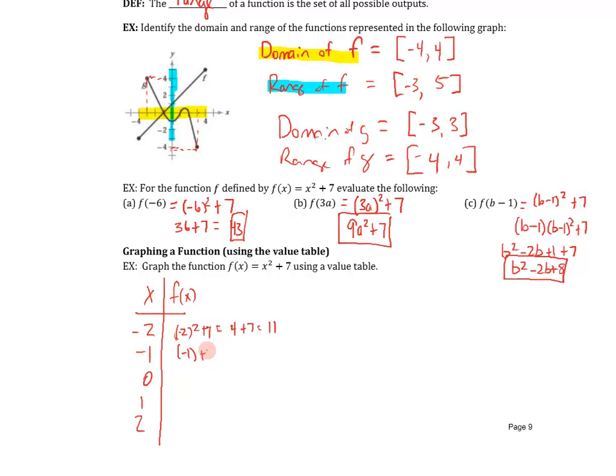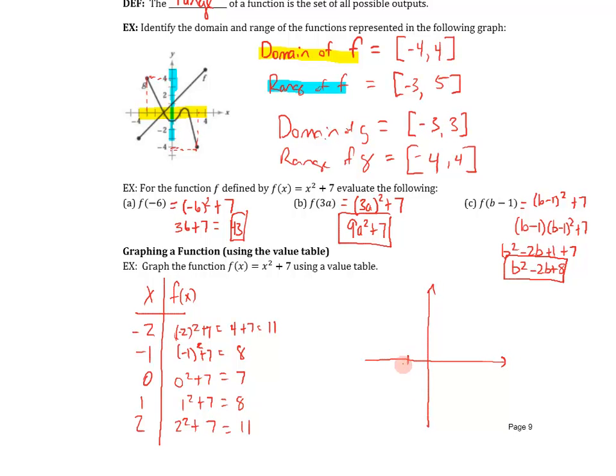Plug in -1, or -1 squared plus 7, gives me an 8. 0 squared plus 7 gives me 7. 1 squared plus 7 gives me 8. And 2 squared plus 7 gives me 11. All just plugging in different values of x. Then we go plot those points and sketch the graph.